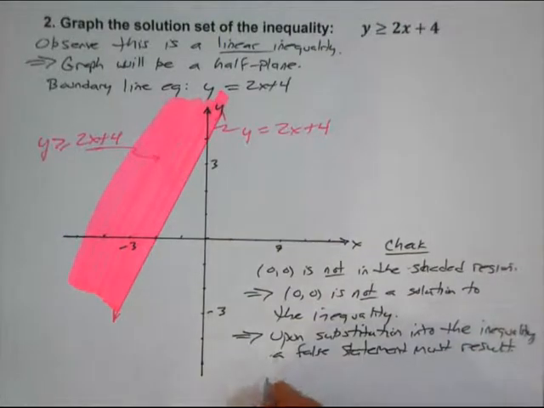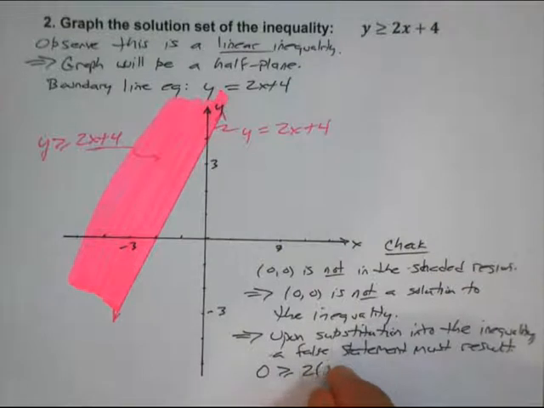Let's see what happens. 0 for x, 0 for y. Original inequality, y, 0, greater than or equal to 2 times 0 for x plus 4. This simplifies to 0 greater than or equal to 4. That is false, and that is what we wanted to see.